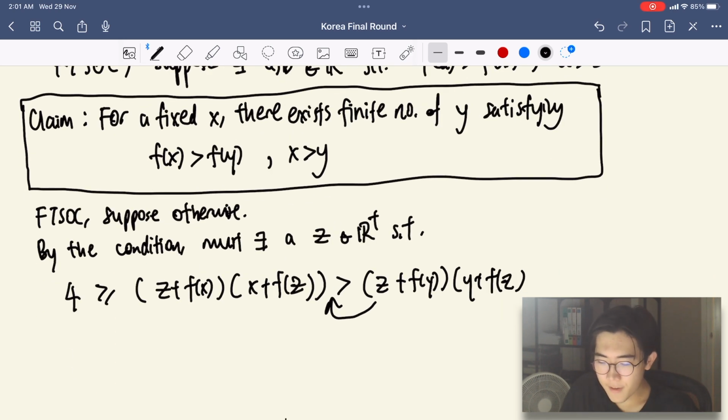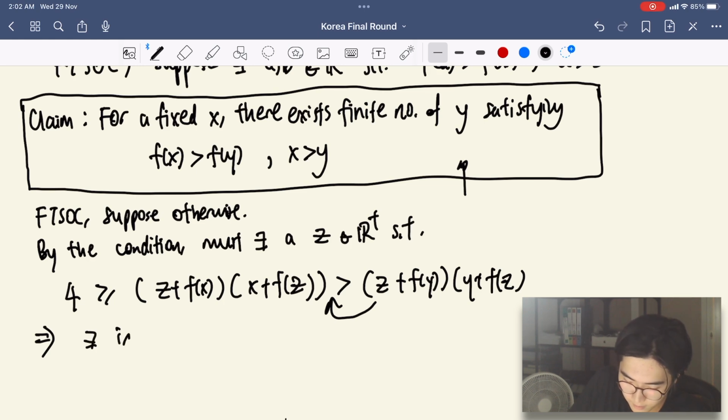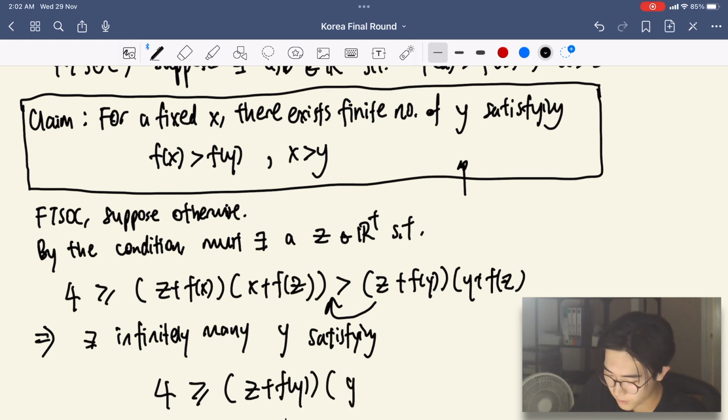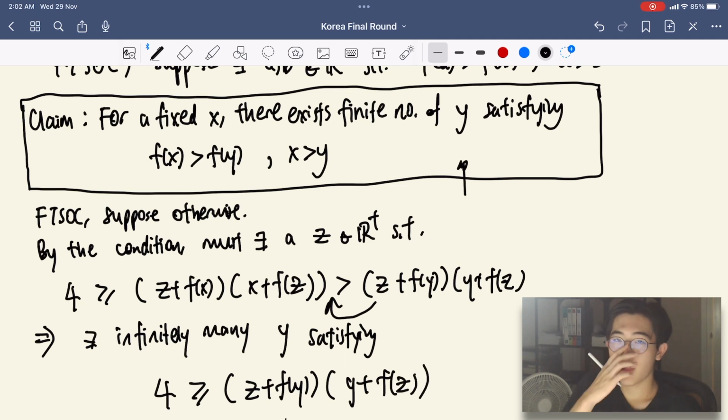So if there exist infinitely many y satisfying the above claim for a fixed x, it implies that there are infinitely many y satisfying 4 less than or equal to (z plus f(y)) times (y plus f(z)), which is a contradiction by the condition that was given in the problem statement.